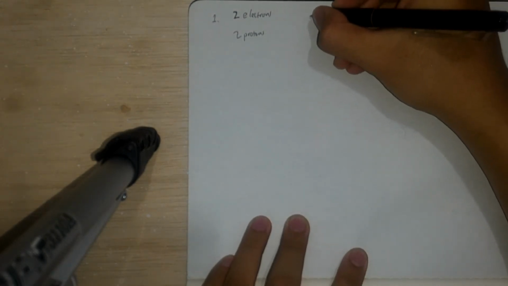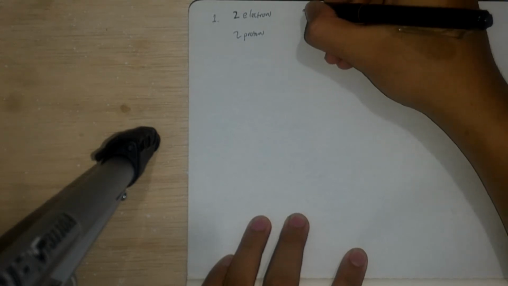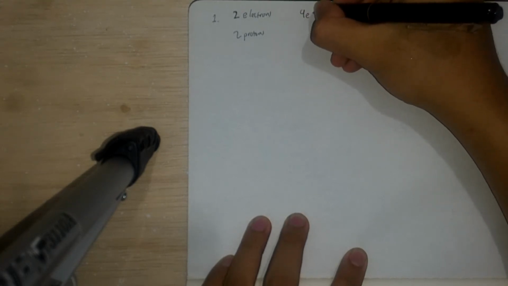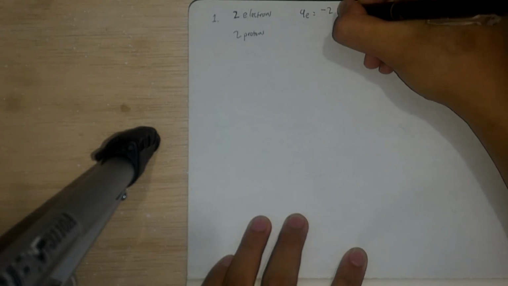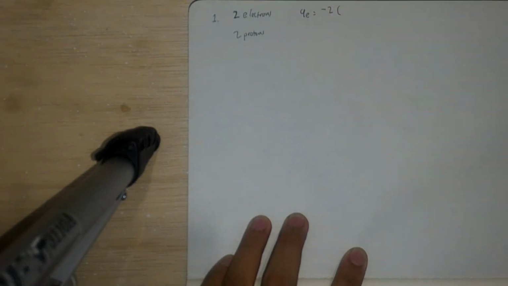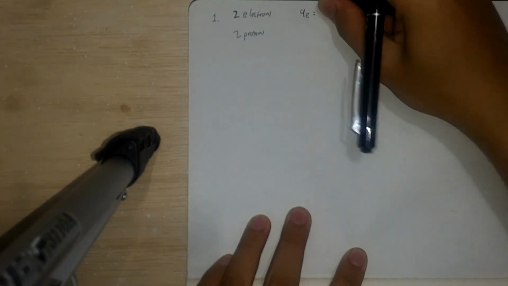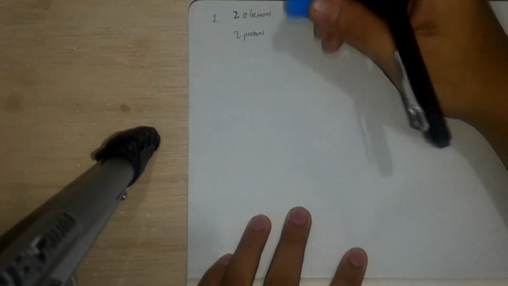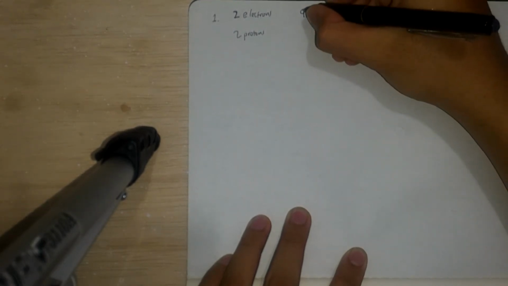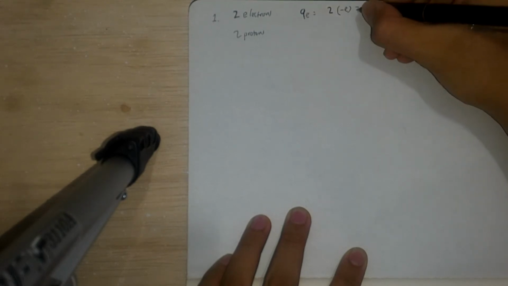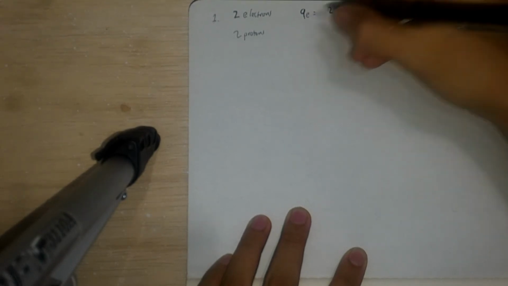So we know that the charge of two electrons, I will say Q_e, equals negative 2 times, because we have two of them, and the charge of one electron is negative e. So Q_e, the charge of electron total, is negative 2e.